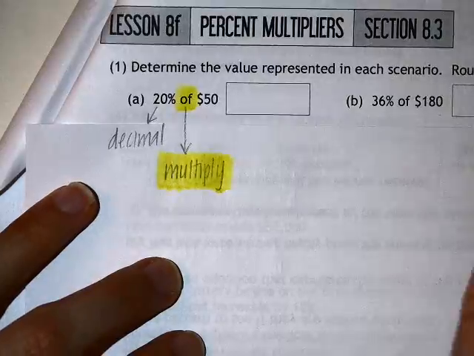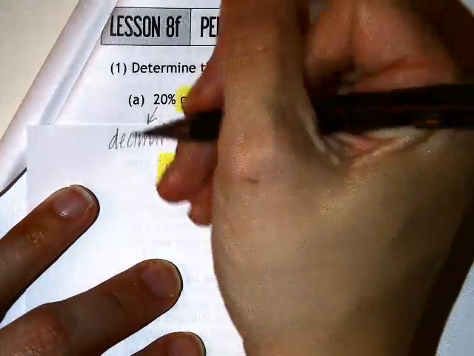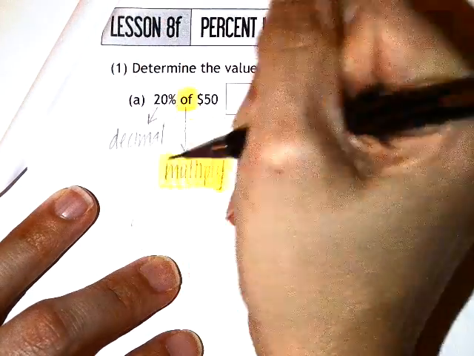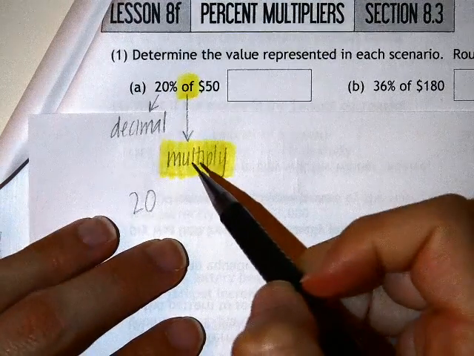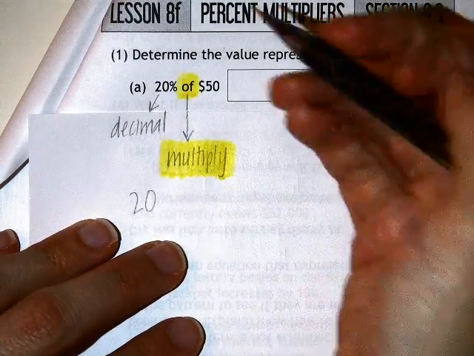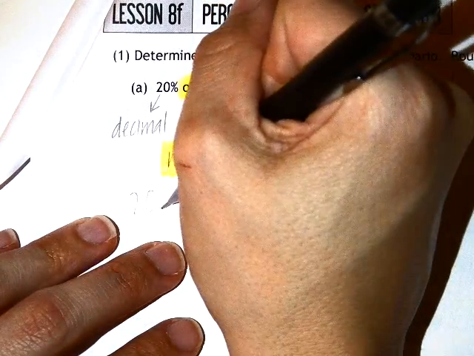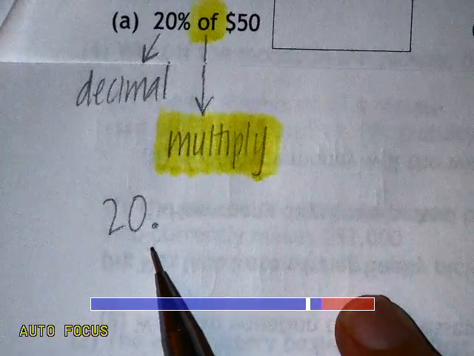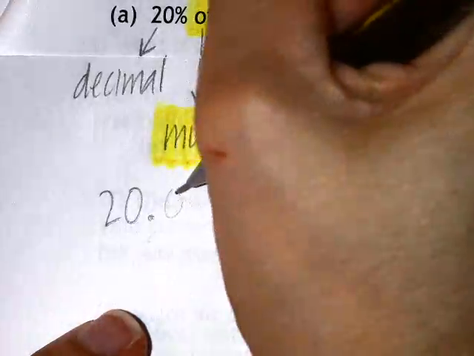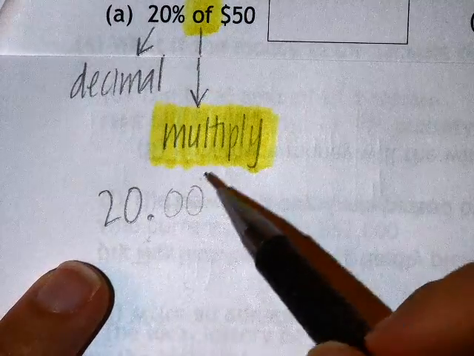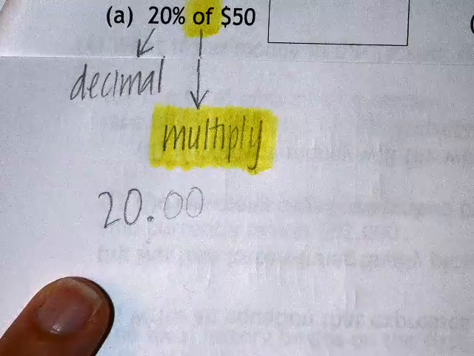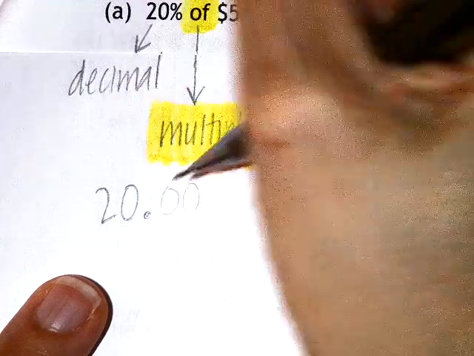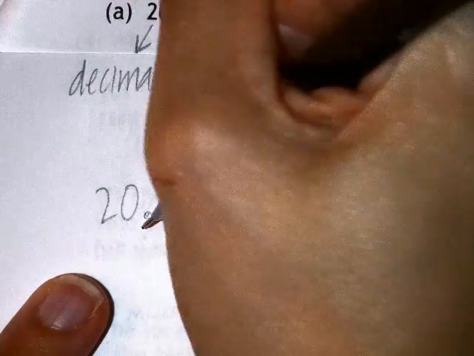To change a percentage to a decimal, simply take the number that represents your percentage, in this case 20, and assume that it has a decimal right after the 0. By definition, 20 is like 20.00, so you can always think of it that way. To convert this percentage, this 20, to a decimal, move the decimal 2 places to the left.